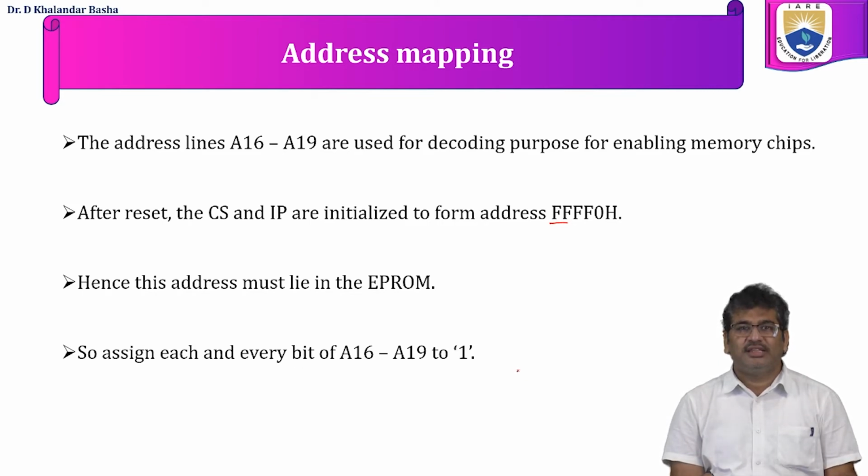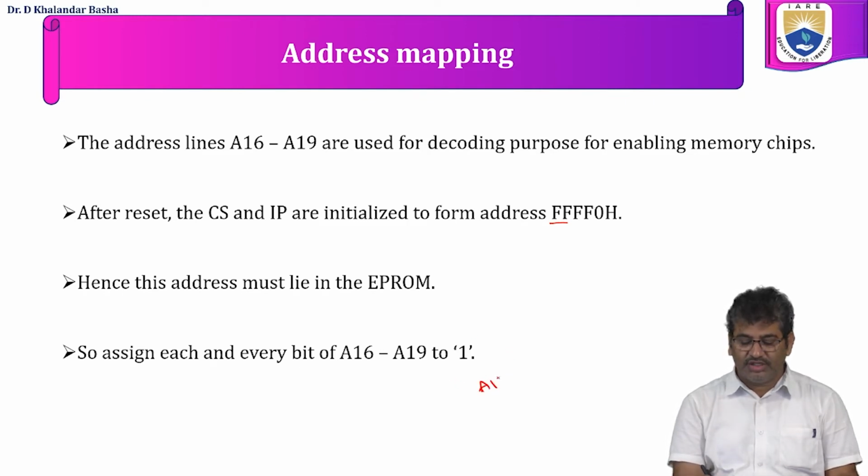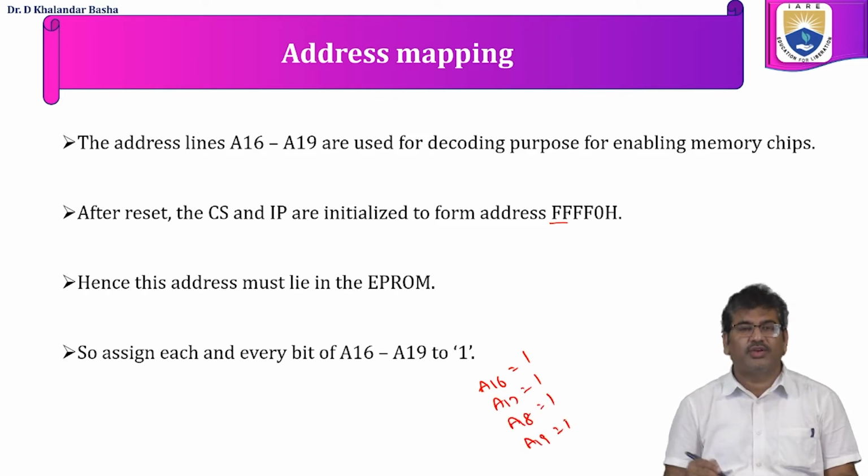So for assigning this address for ROM, we will select A16 to A19 by writing each and every bit as 1. That is A16 is equivalent to 1, A17 is equivalent to 1, A18 is equivalent to 1, and A19 is equivalent to 1.